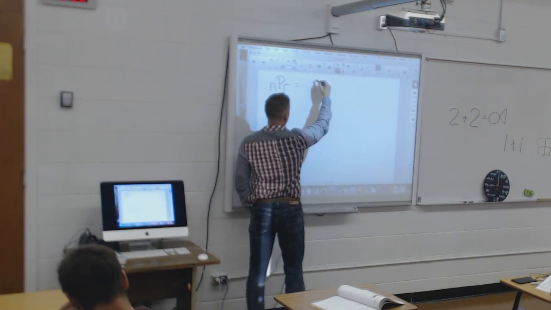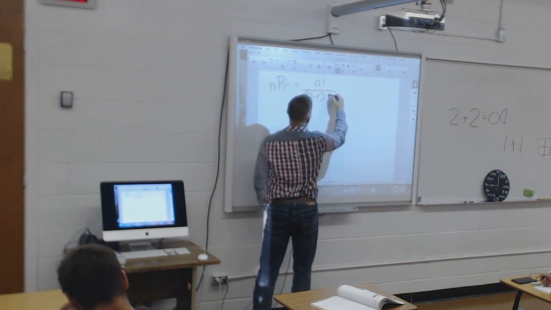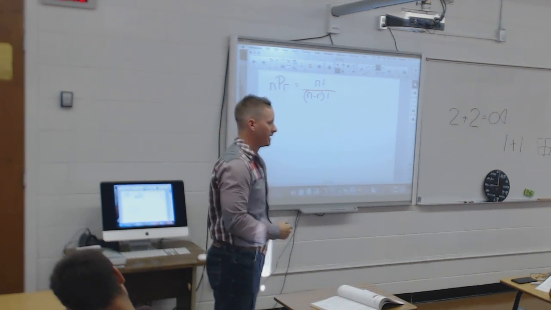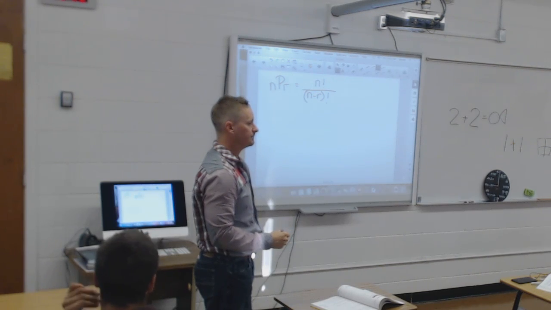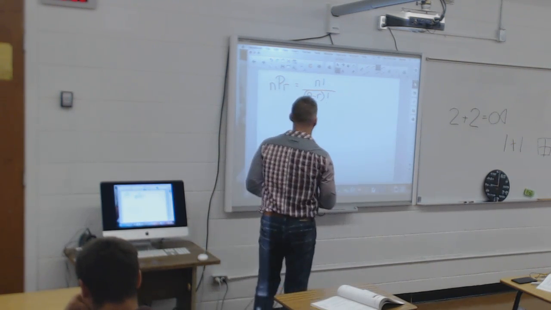All right, so for example, in our question, just before I do that, this is what nPr means. I take n factorial and I divide it by (n minus r) factorial. Okay? Now I'll explain all of this with your calculator in a second.